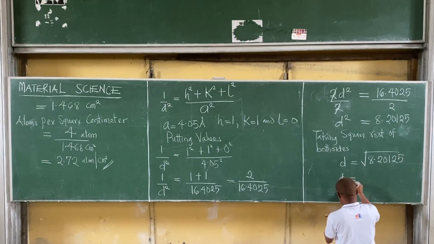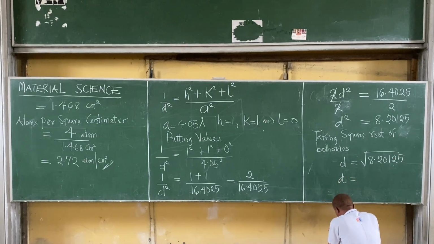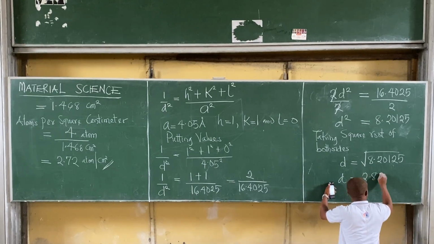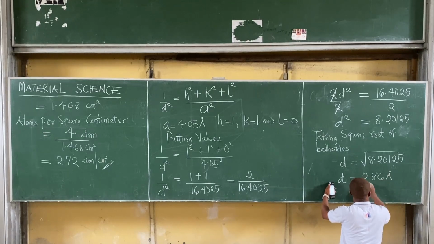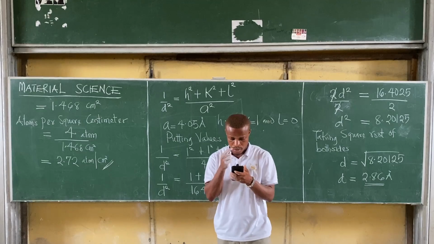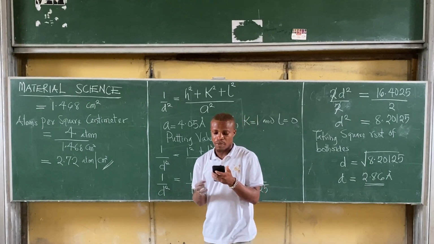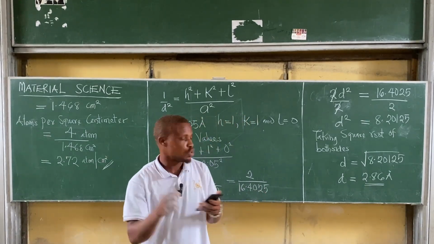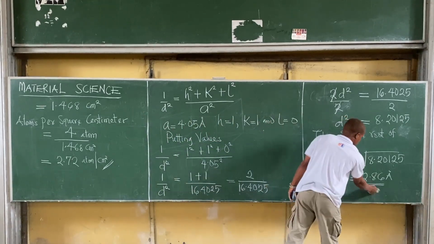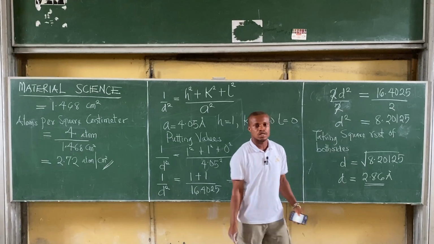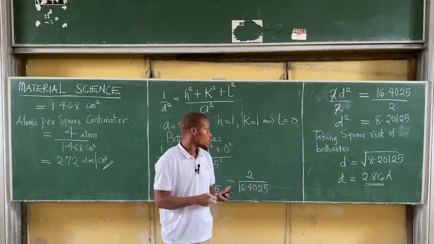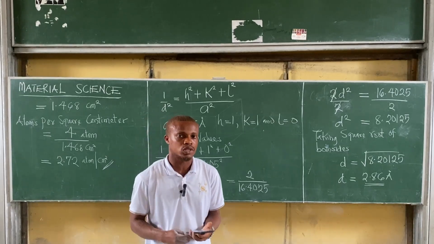Therefore, d equals 2.86 Angstrom. So that gives you the interplanar spacing between the plane 110, 2.86 Angstrom. And converting that to meter, you have what? 2.86 times 10 raised to power minus 10 meter.